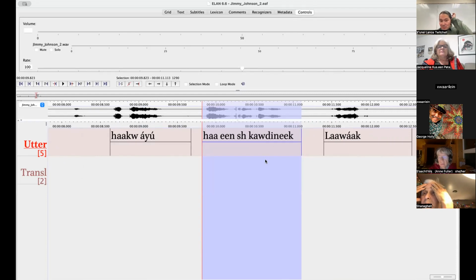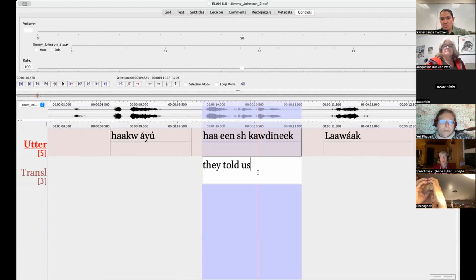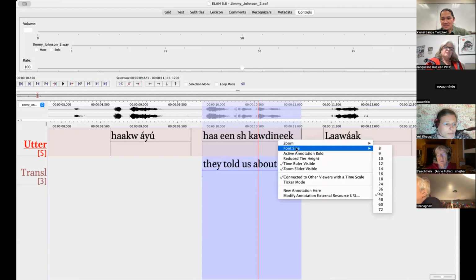So what would ha'in skaudenik be? That I would have to think about, because you have the SH and the D classifier combining to do something here. Well, it's more about the teller, I think. We can look at that later.